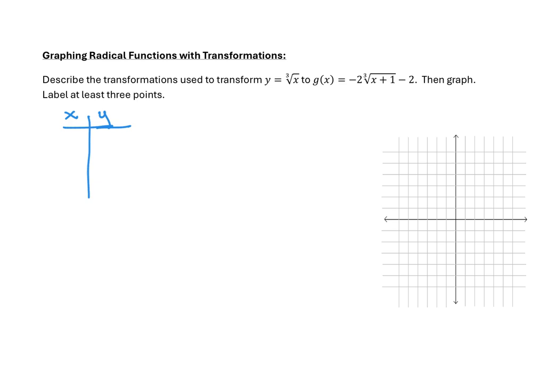Just to make sure that we are consistent with our graph, I am going to pick values of -8, -1, 0, 1, and 8. These are all perfect cubes. And if we take the cube root of each one of these numbers, we get -2, -1, 0, 1, and 2.